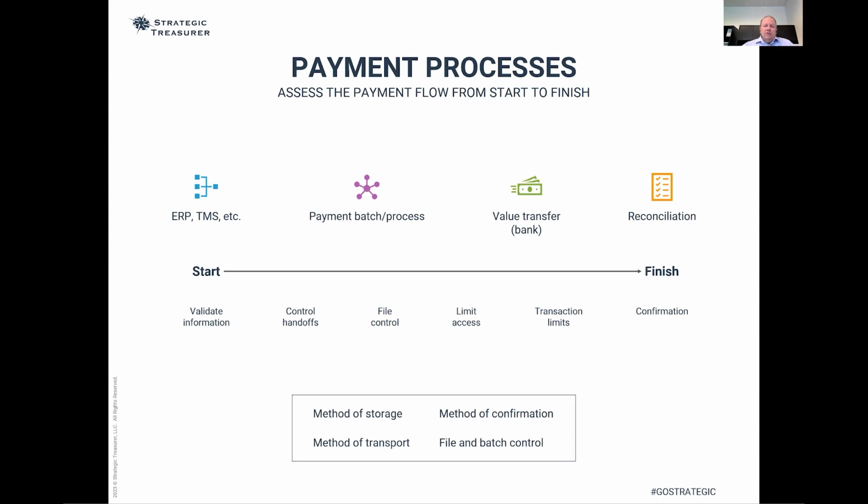A file is placed on a server, and then someone takes that file, sticks it on their desktop, and then loads it, maybe even changes it, loads it into a bank portal, and then maybe they have the secondary control, someone releases it and sends it to the bank there. Well, that payment file now can be altered with any kind of editing file and sent on. And that's just one example.